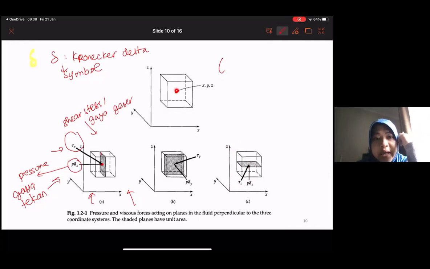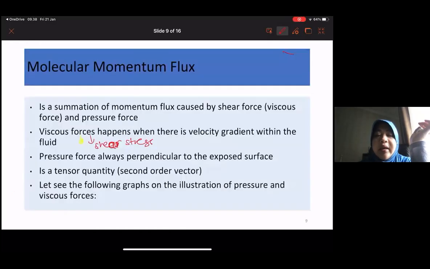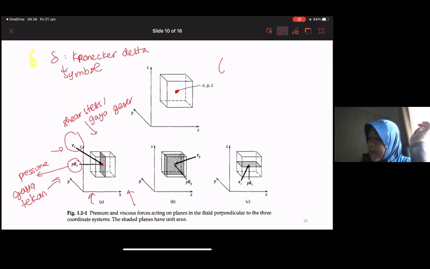Okay, so this implies that any point of fluid in the XYZ coordinate can receive all the compressive and shear forces from every direction. It can get pressure from this side, it can get shear stress if there is any velocity difference, and it can get pressure over here as well, or over there as well.